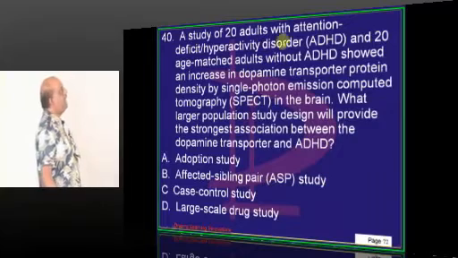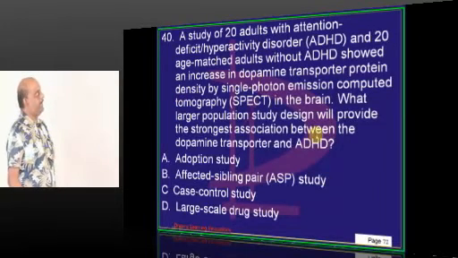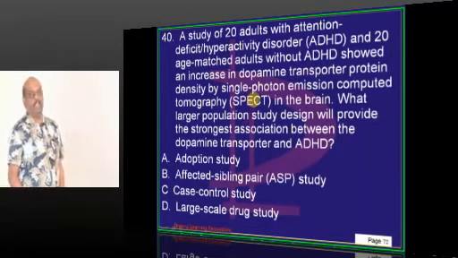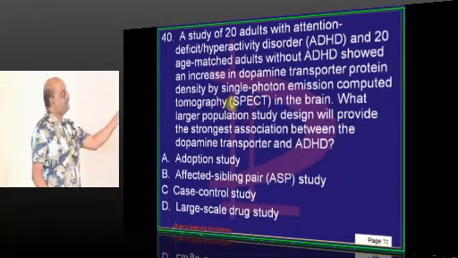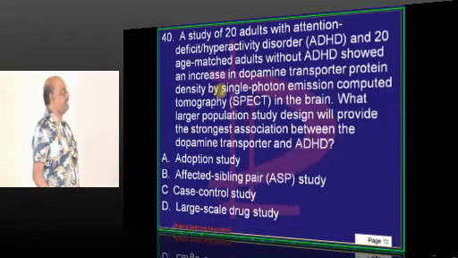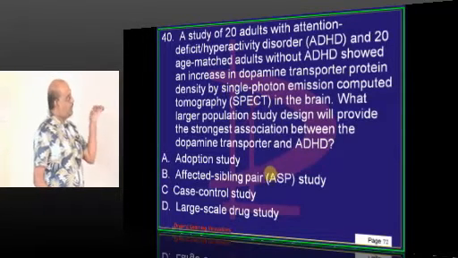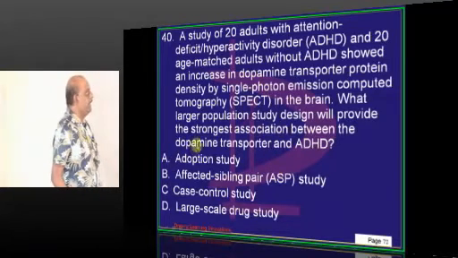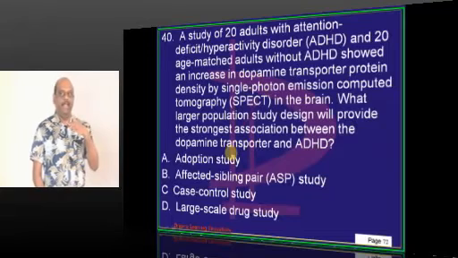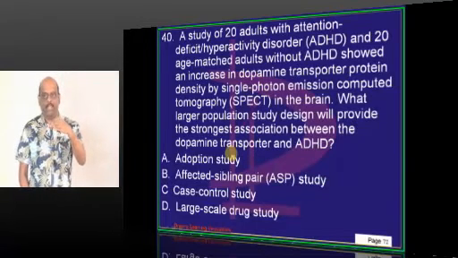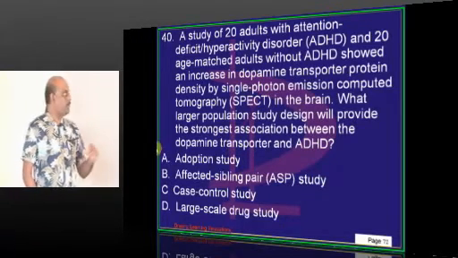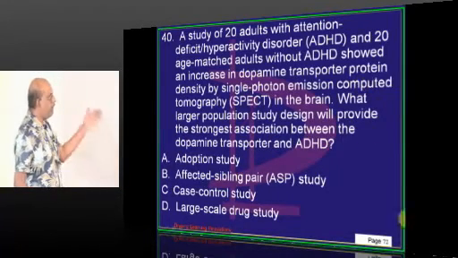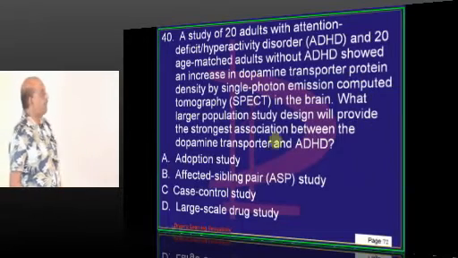Then a study of 20 adults with attention deficit hyperactive disorder and 20 age matched adults without ADHD has shown an increase in the dopamine transport protein density. Which is the type of study design that will provide a correct picture about the association between this dopamine transporter mutation and ADHD out of all these various study designs?